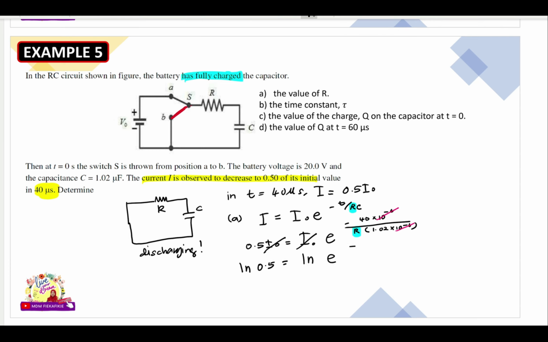So negative, this one should be 40 divide 1.02, 39.216 R. So we can try to solve. Cancel the negative. Therefore, R is equal to 56.6 ohm. So this is the answer for A.